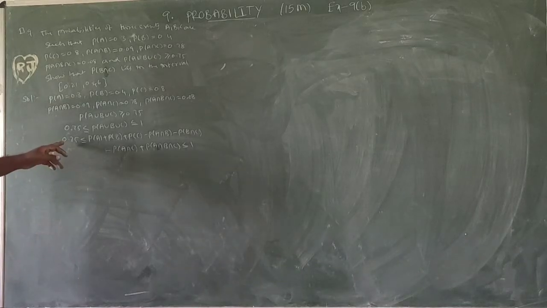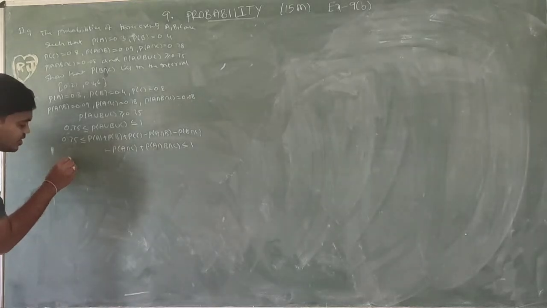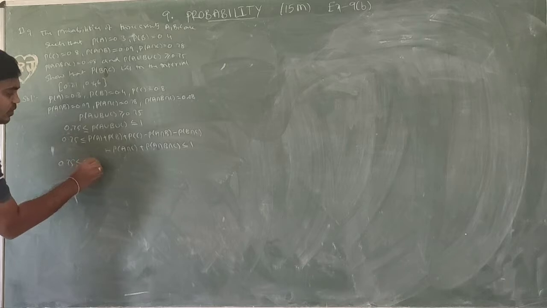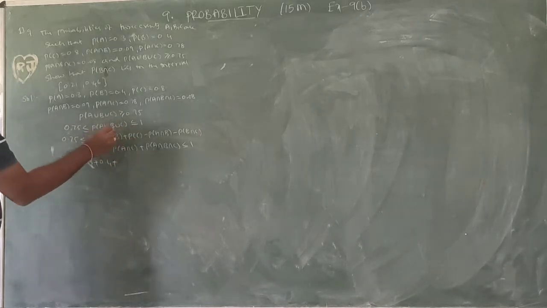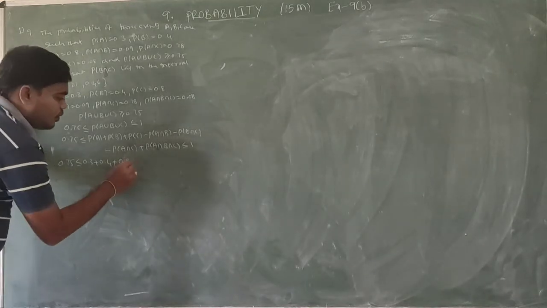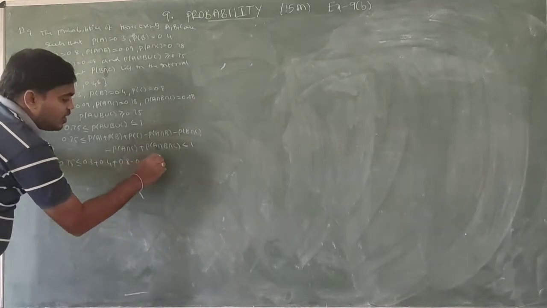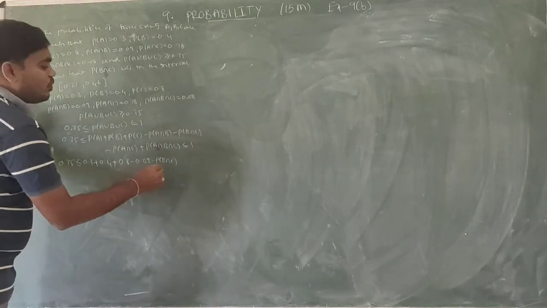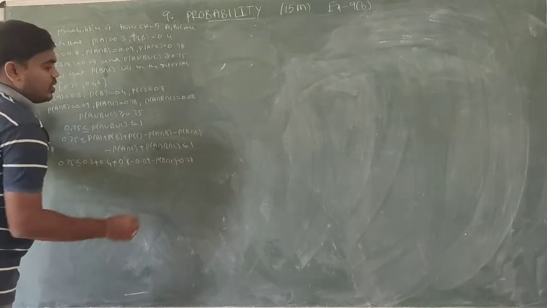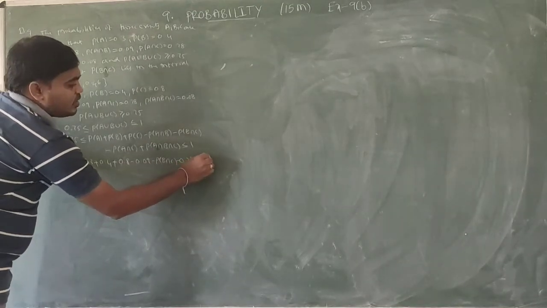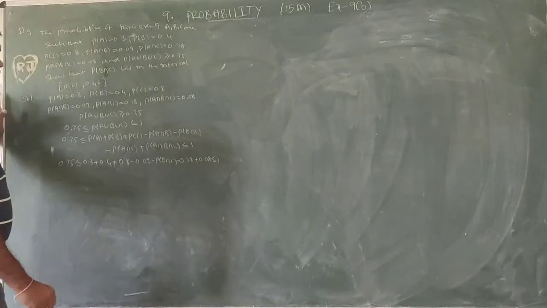Now we will write all the values. 0.75 ≤ 0.3 + 0.4 + 0.8 − 0.09 − P(B∩C) − 0.28 + 0.08 ≤ 1.